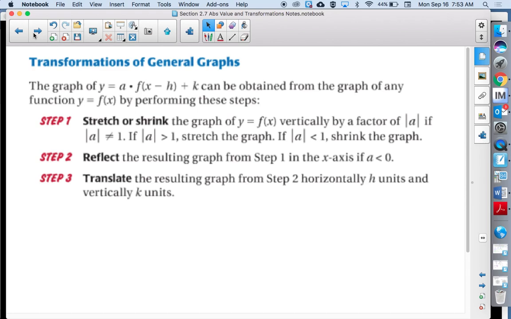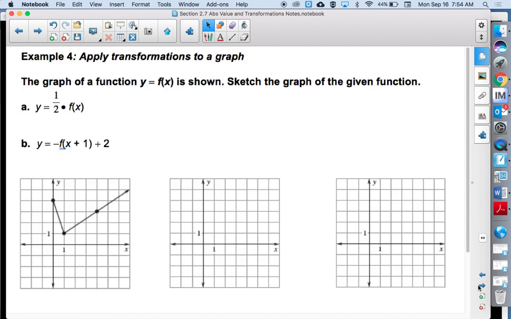So we are going to do 2 different types of graphs. And if you look at the first one underneath there, it looks like part of an absolute value graph.